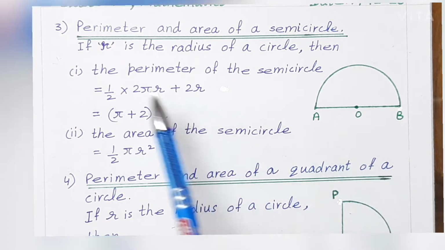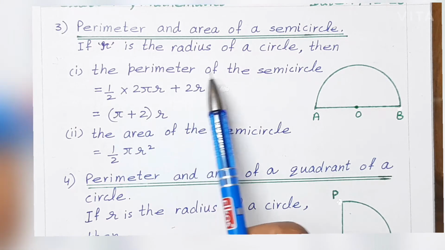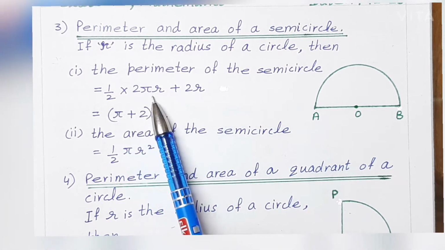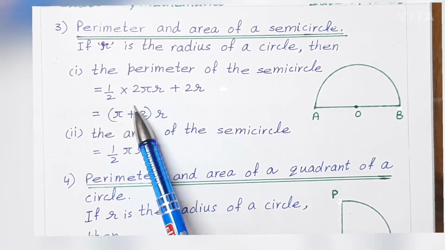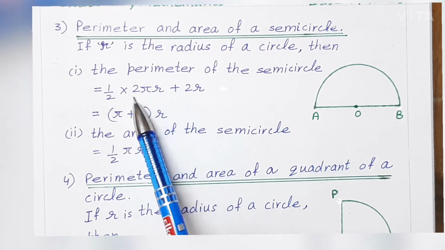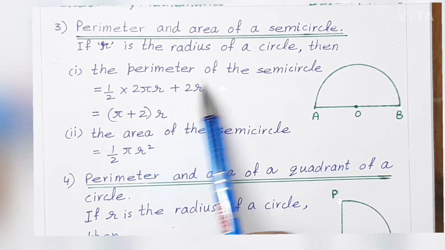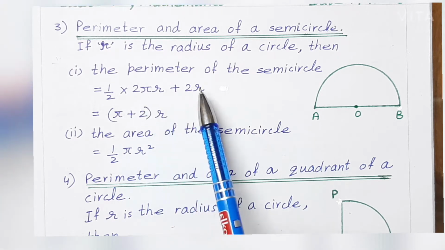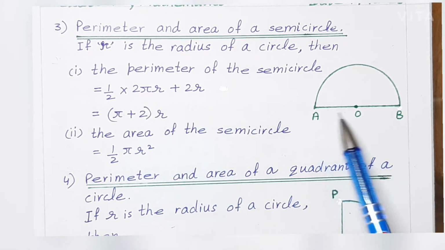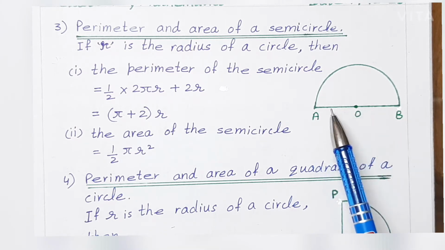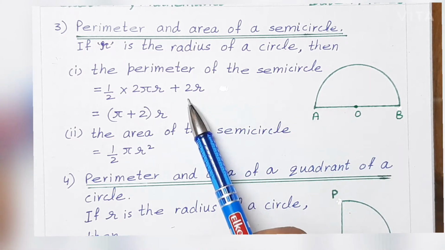So, here, perimeter of the semicircle is half into 2 pi r. Now, why half into 2 pi r? Because 2 pi r is the circumference of a circle. For semicircle, we multiply this with half. And then the length of AB, which is the diameter, that is r plus r, 2r.